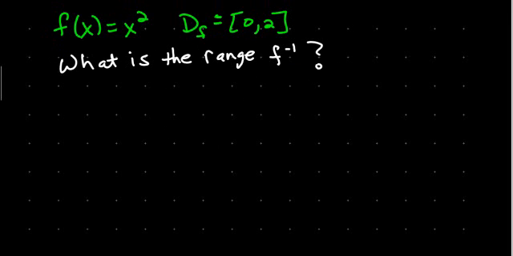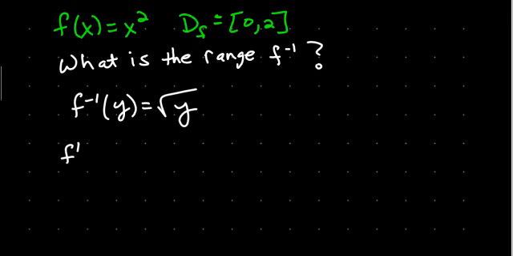And so the range of f inverse, again, f inverse of y equals the square root of y, and we're looking for the range. Note that the inverse sends the outputs back home. That is, f of 2 equals 4, and so f inverse of 4 equals 2. So it just sends it back to its domain element.